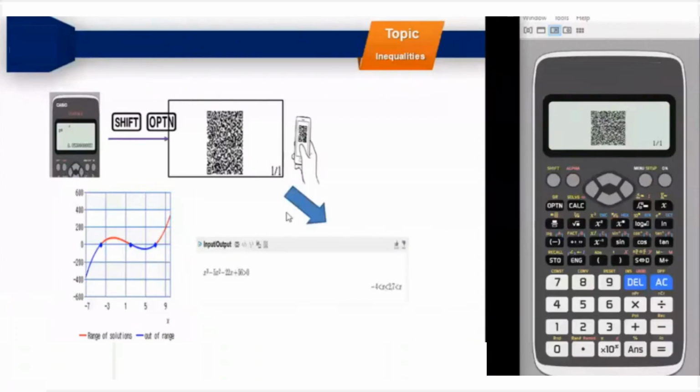Please scan the QR code and you will realize that this is the shape of the cubic curve. The red region shows the region between minus 4 and 2 and greater than 7. And the answers are also x lies between minus 4 and 2 and x is greater than 7. So this is how you solve a quadratic and a cubic inequality.